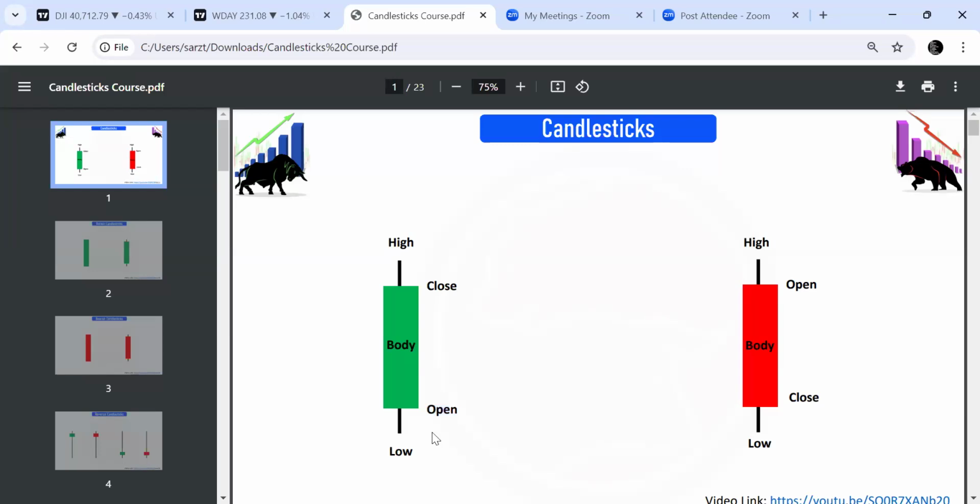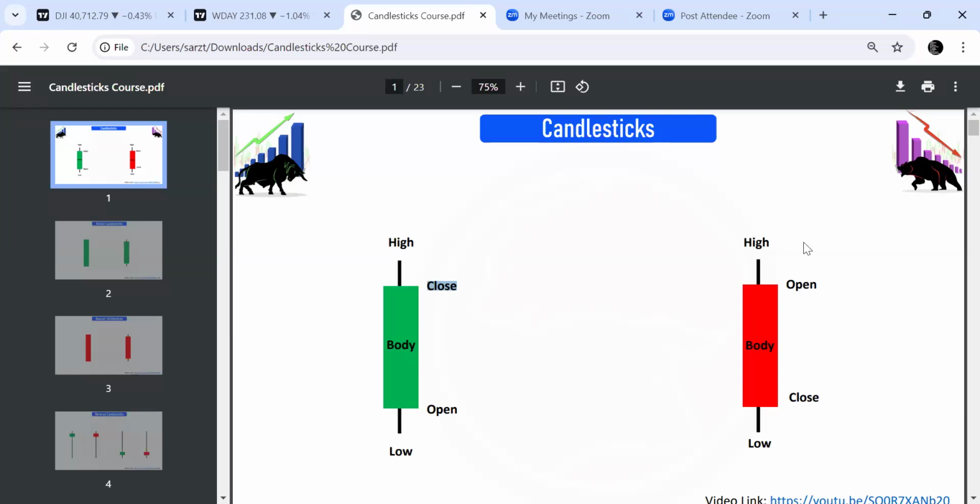And again from 90 rupees, it rose and reached the high of 130 rupees. But at the end of the day, it closed at 120 rupees. So here, the wick represents the highest and lowest prices during that time frame.